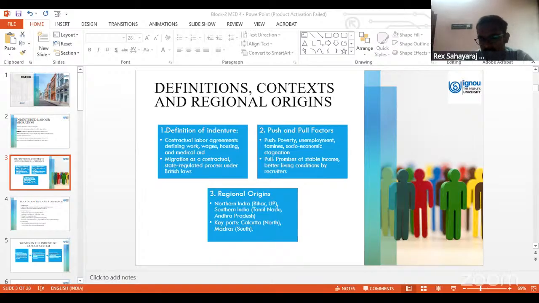So this is what the literature says, by Tinker and Lord. The reason behind this is that they are segregated, they are not given jobs, and their levels of income are low. The indentured laborers were not only recruited for agricultural work, but were also used for public works like laying railway lines, construction of roads, buildings, and so on.